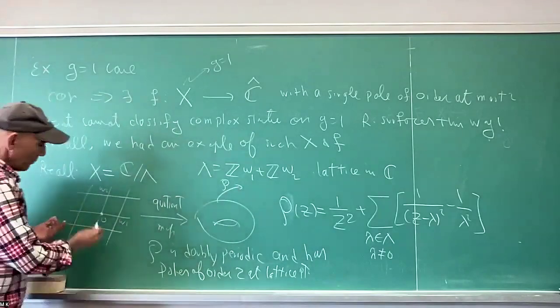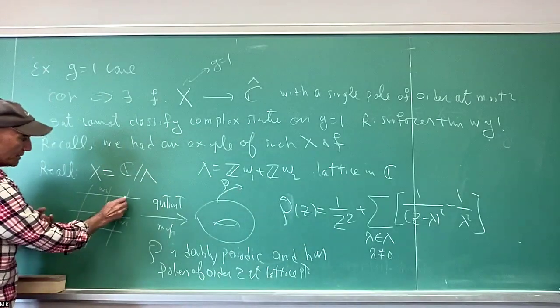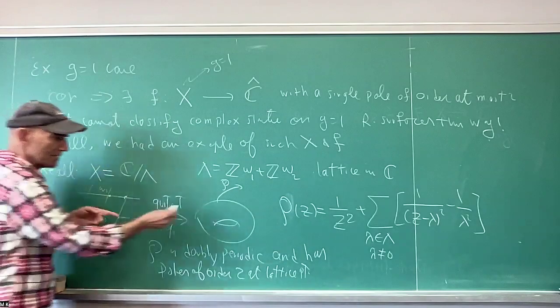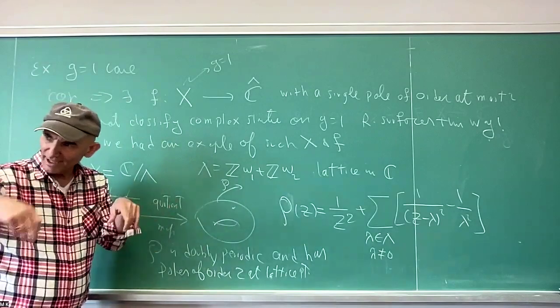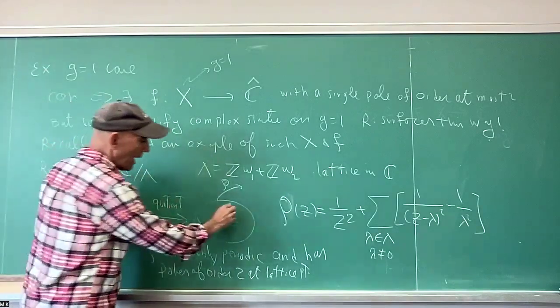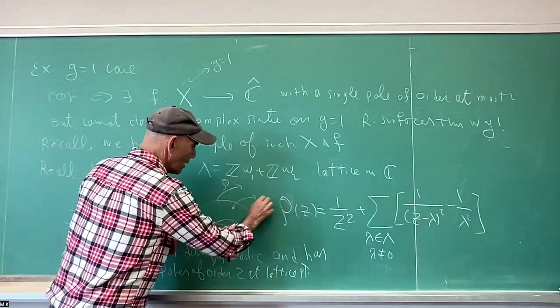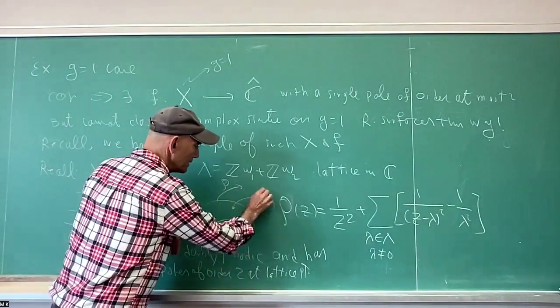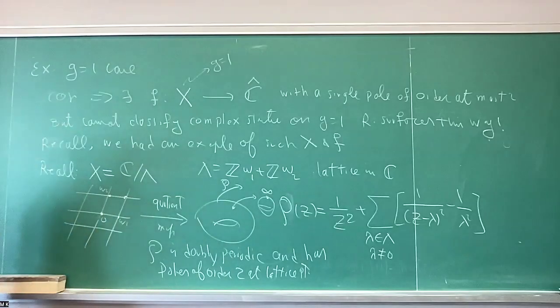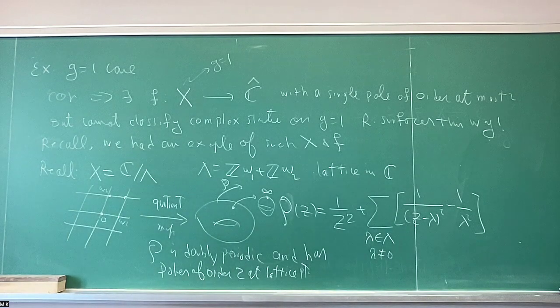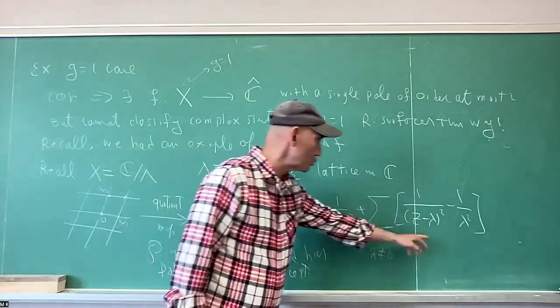Now this function has poles only at these points, but all the lattice points are identified into one point, and this goes to infinity in C hat. Isn't the problem that we haven't included lambda equals 0? Yes, I cannot put lambda equal to 0 here.